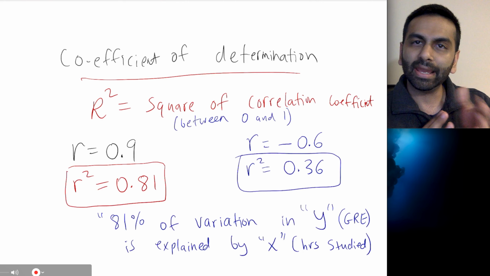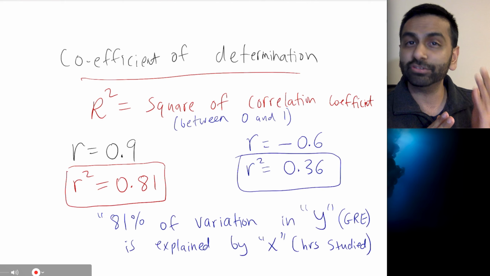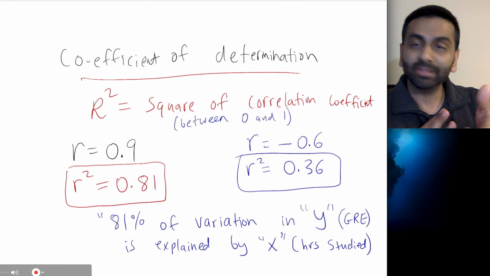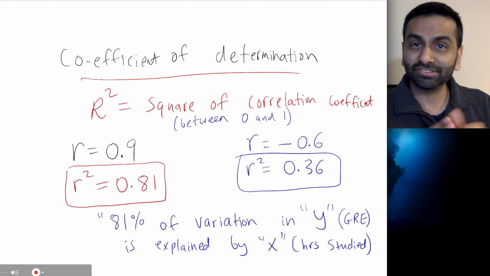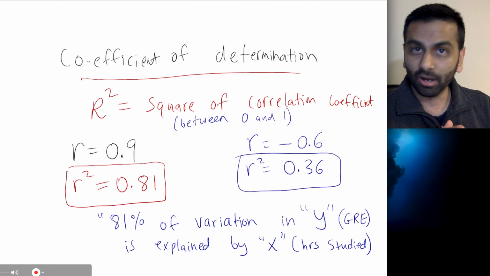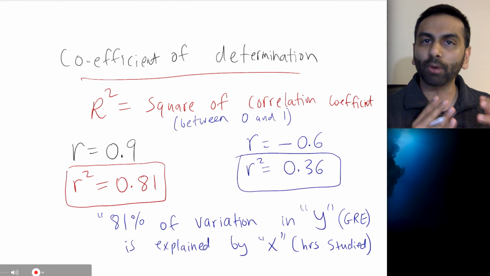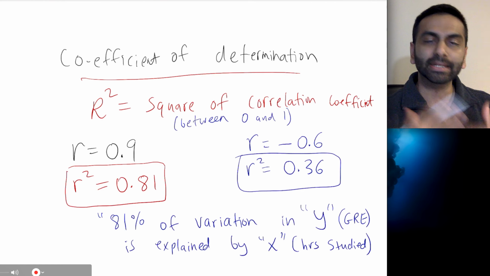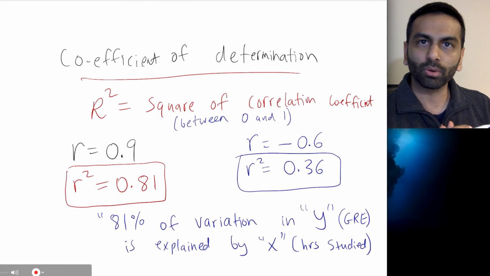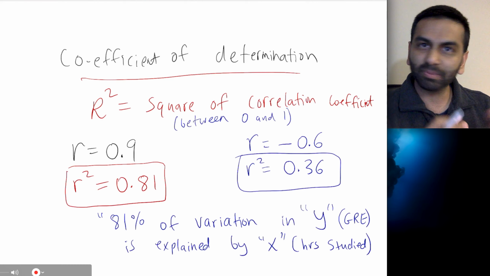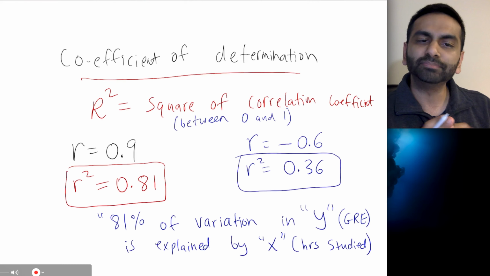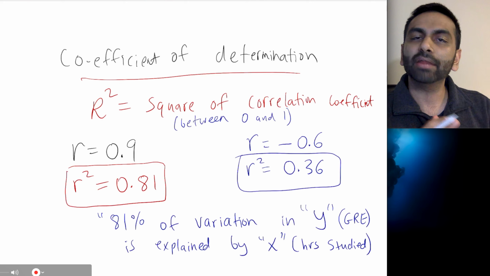So what we're trying to interpret here is this. Again, the question is, why do different people have different GRE scores? This is unrealistic, but this is basically saying 81% of the variation, meaning 81% of the reason that different people have different GRE scores, is explained, association-wise, by this x variable, in this case by hours studied.